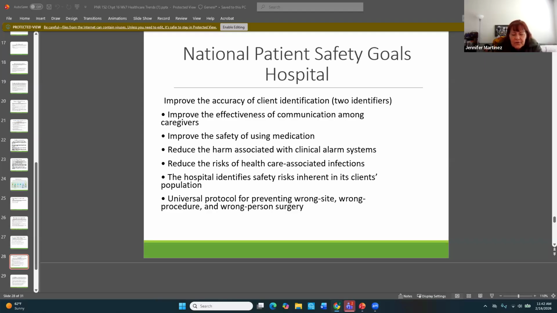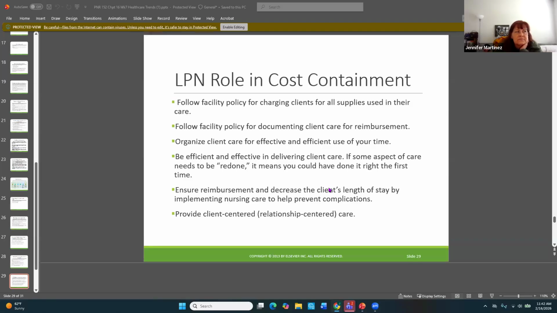And they will run through who the patient is, what surgery they're doing, that kind of thing. That's another way for us to try to prevent that. It's still scary that it still happens, but we need to make sure that the safety procedures are in place and that people are actually following them.